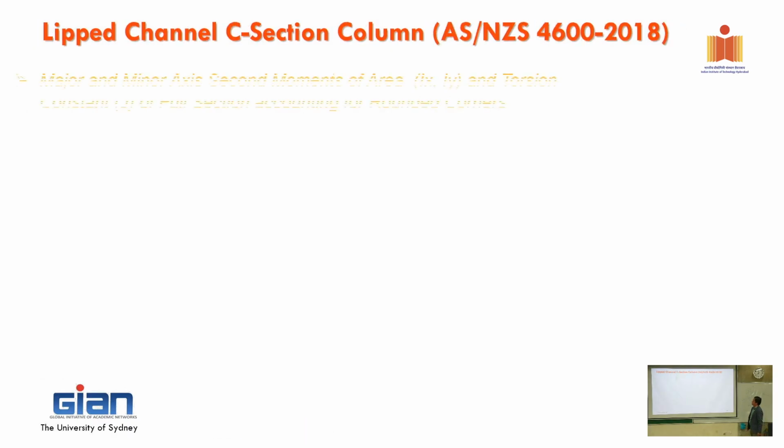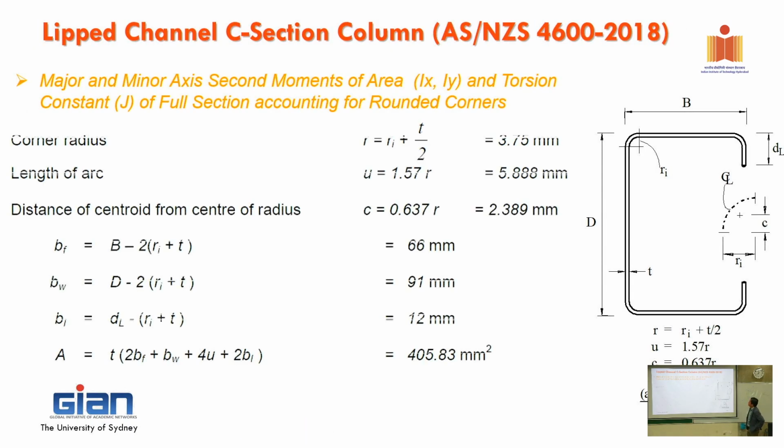That is the only thing that we assume to make it idealized so we can design for it. Right now, first step, we need to calculate the major and minor axis second moments of area, Ix and Iy. Based on that geometry, with all the dimensions that you can see here, we can calculate R. And when we have the internal radius, we can calculate R plus T on 2.